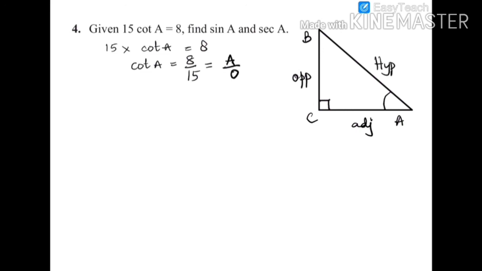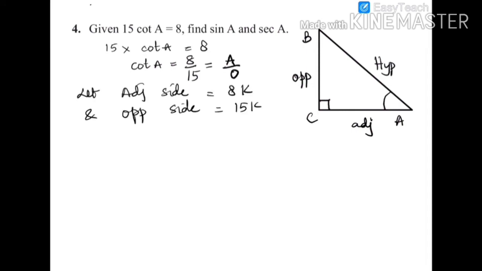So again we are in the same situation where we know one ratio. So using this ratio we can find out all other ratios asked in the question. 8 upon 15 is the reduced ratio. So let the common factor be K. So we can say that the adjacent side is 8 times K and the opposite side is 15 times K. So now we have to find out the hypotenuse using Pythagoras theorem.